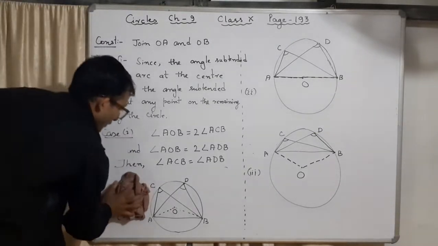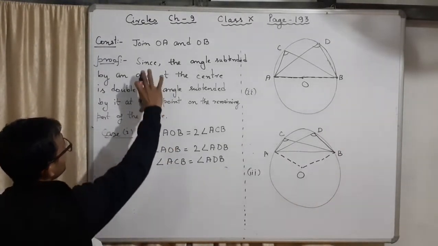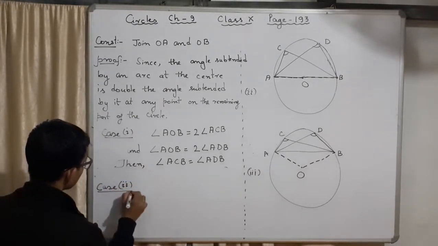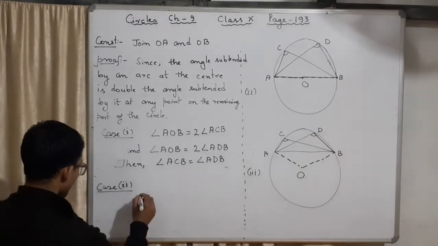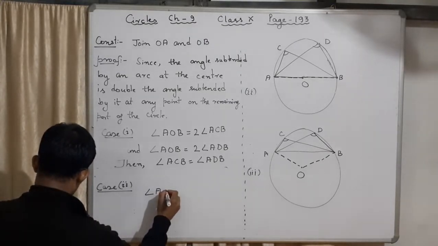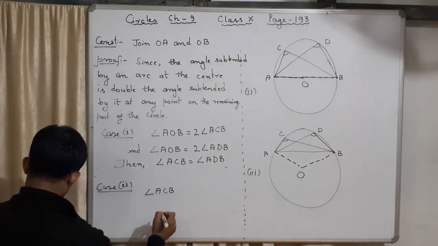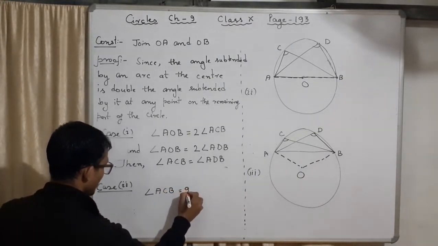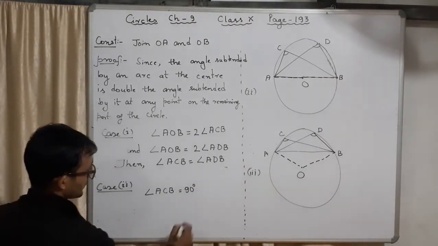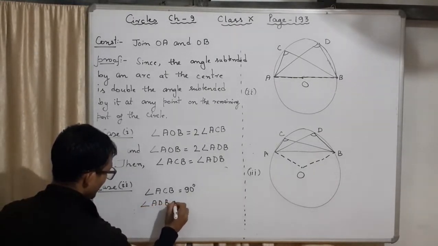So now I'll rub this part of the diagram. I'll go to case 2. See, only 3 lines, just this was important. In case 2, what happened? Angle ACB is equal to 90 degrees. We already know because it is in the semicircle, from the theorem, and angle ADB is equal to 90 degrees.